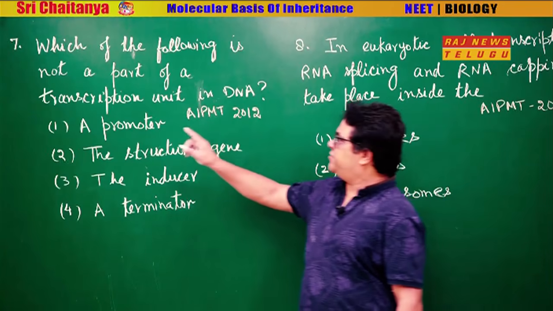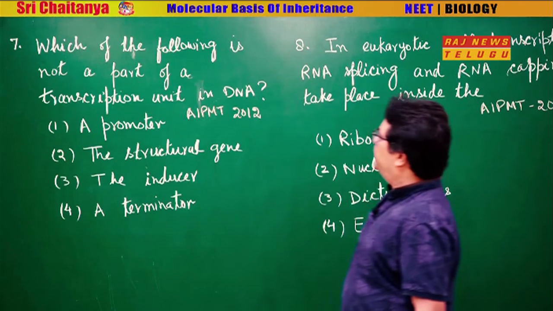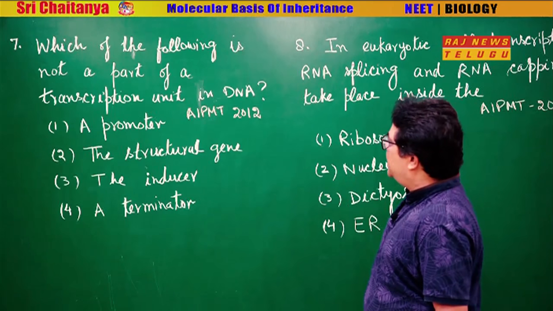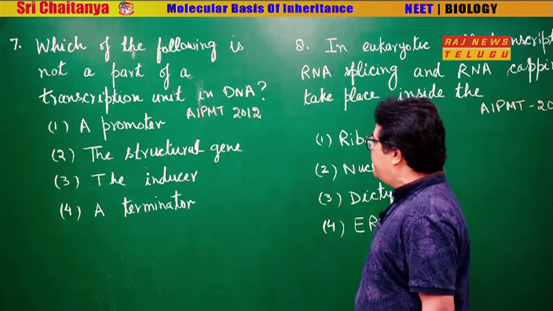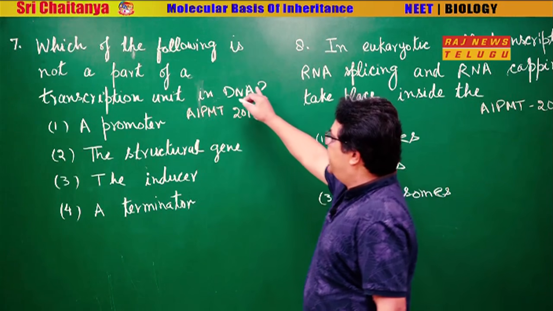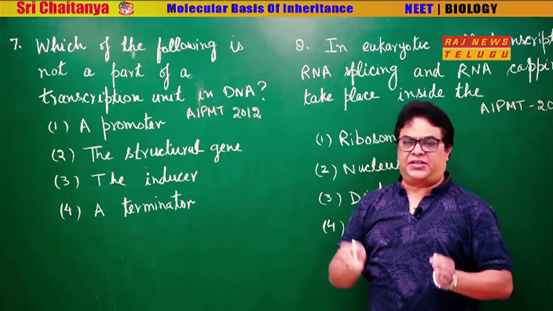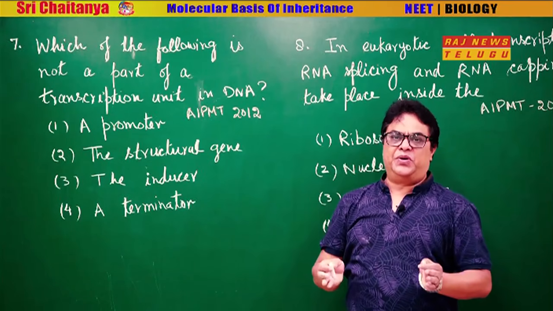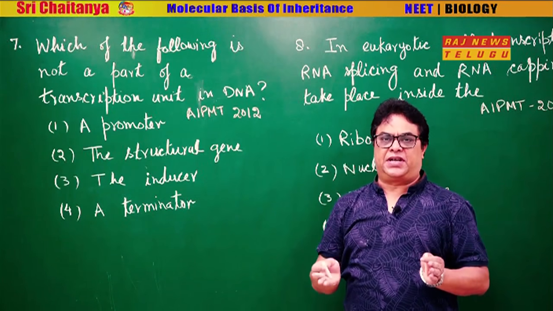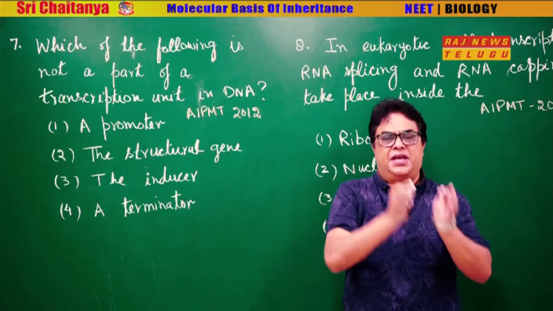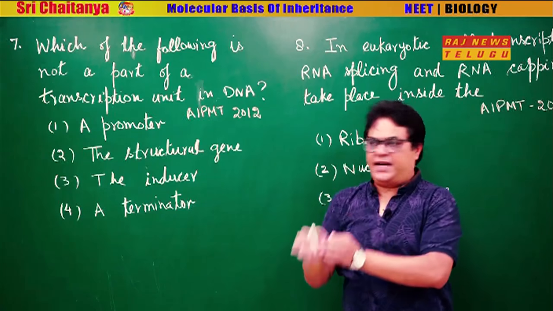Our next question is, which of the following is not a part of a transcription unit in DNA? We have studied the transcription unit. We know that the transcription unit consists of promoter, structural gene and terminator.